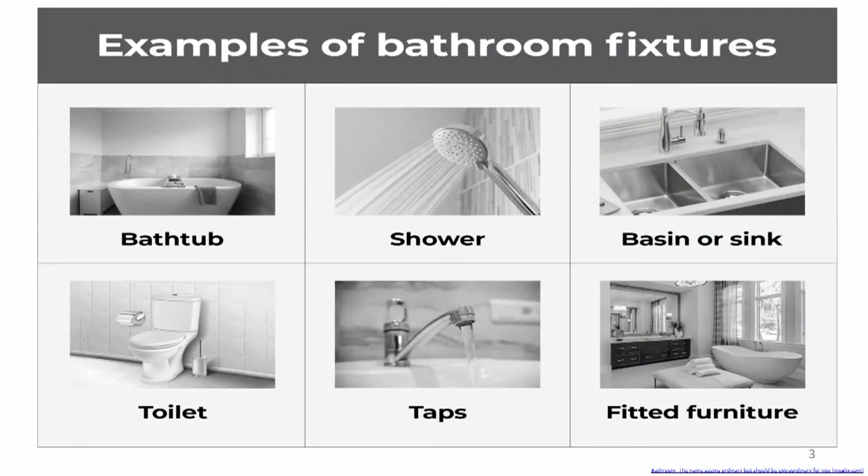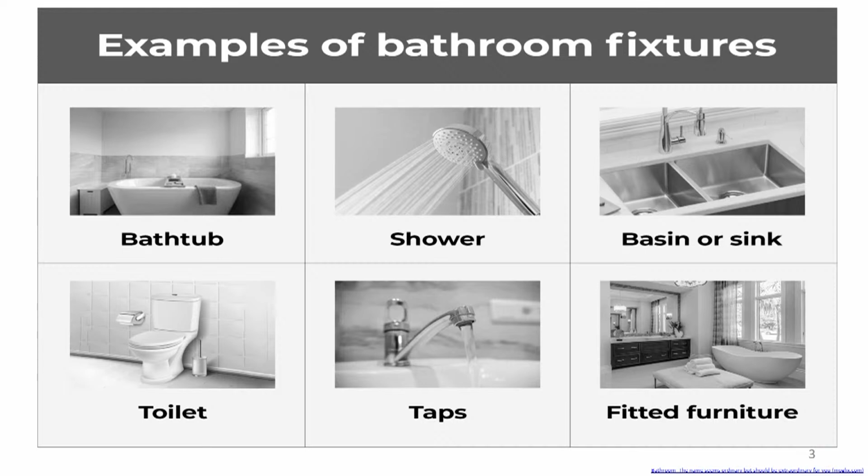This slide I have kept intentionally to provide you a basic idea of what the fixtures are which are used. Remember, there is a slight difference between the fixture and the fittings.